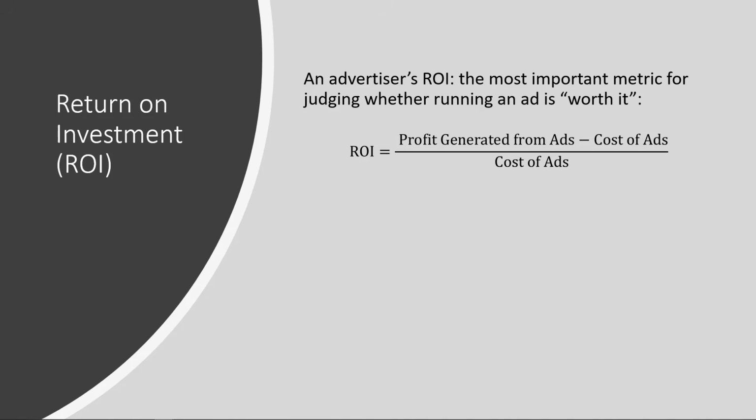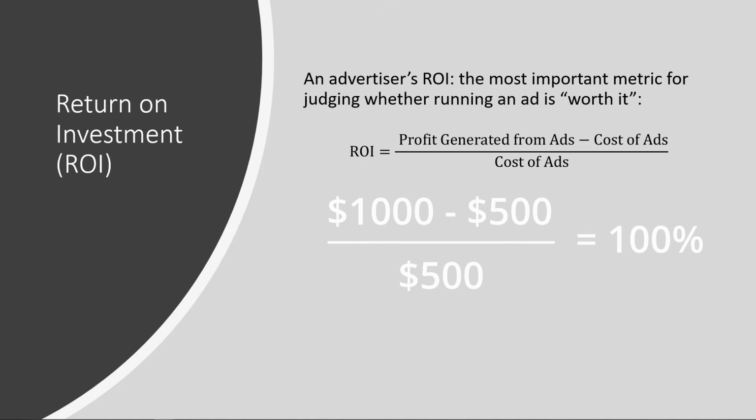For instance, if I can make $1,000 from the ads and ads only cost me $500, so 1,000 minus 500 is 500, divided by the cost of ads, 500, the ROI would basically be 500 divided by 500. That gives me 1 or 100%. So the return on investment is 100%. That would be an amazing ROI to run these ads.